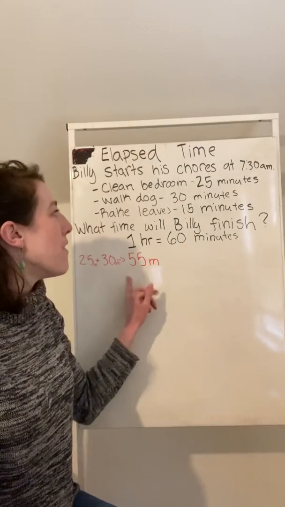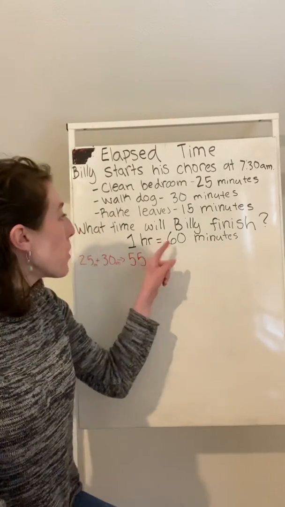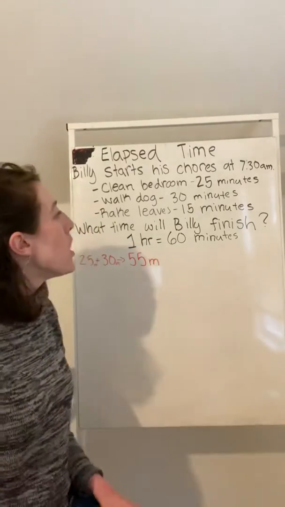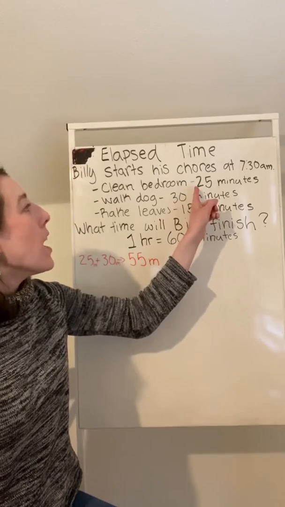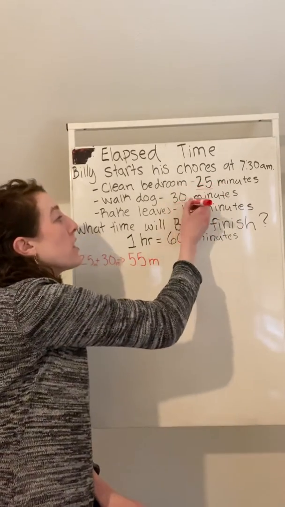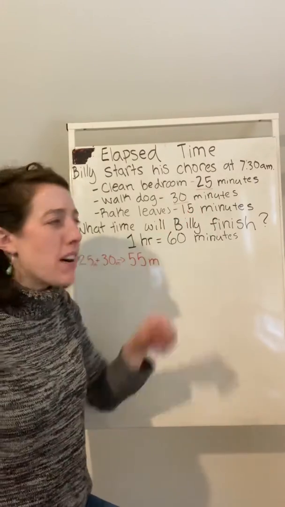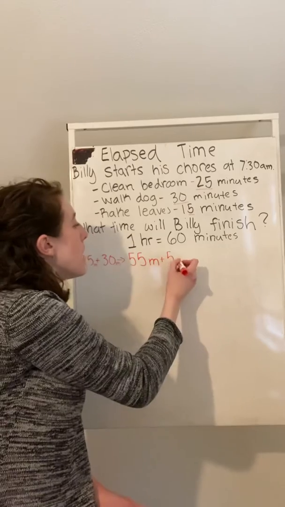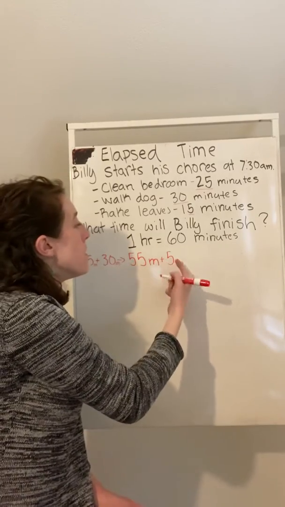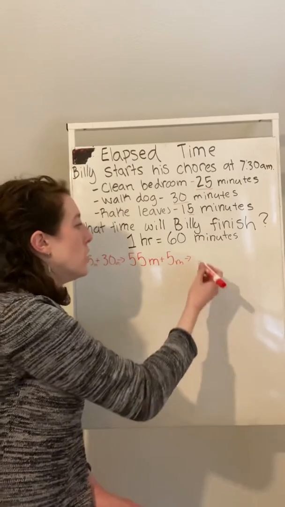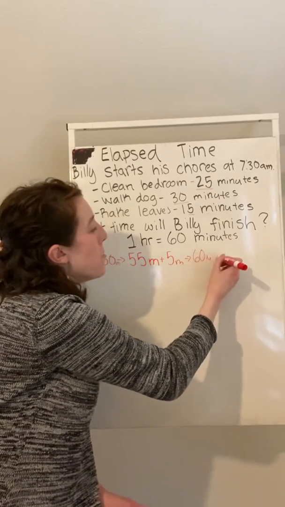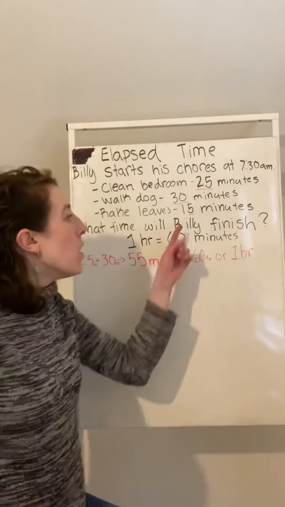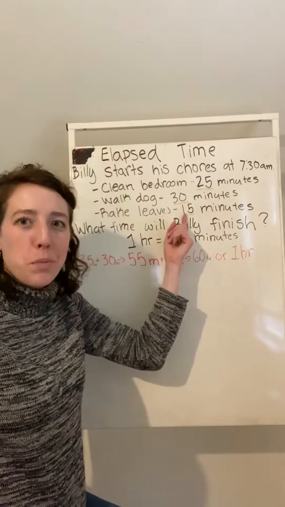Once I get to 55 minutes, I notice that I'm really close to making what? An hour. So I already solved my 25 and 30. Now I'm going to take this 5 out of the 15 and add it over here to say that 55 minutes plus 5 minutes gets me to 60 minutes, or 1 hour, which leaves me how much more?